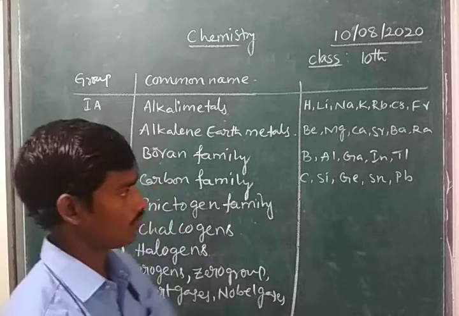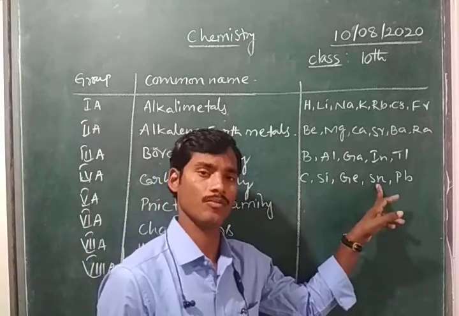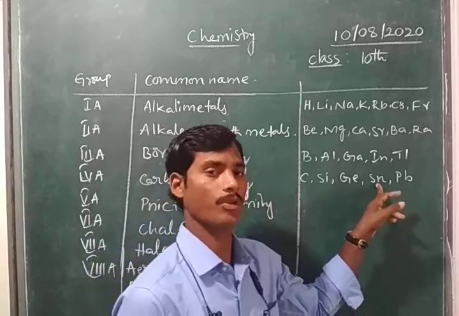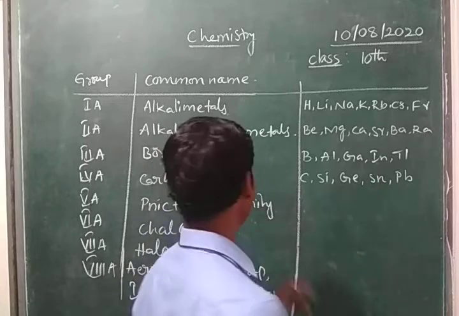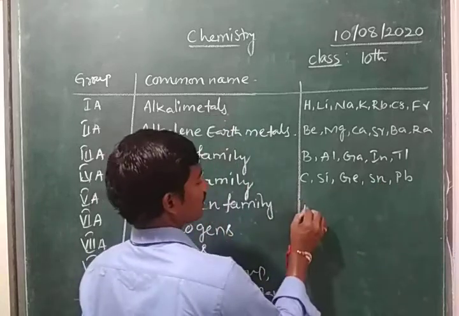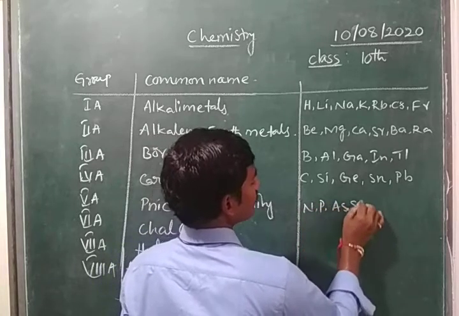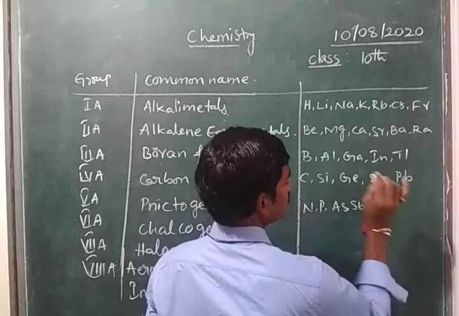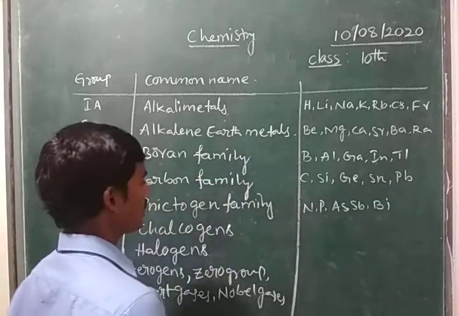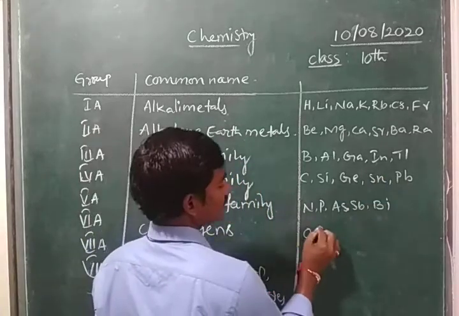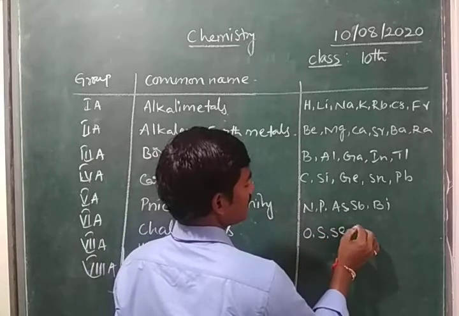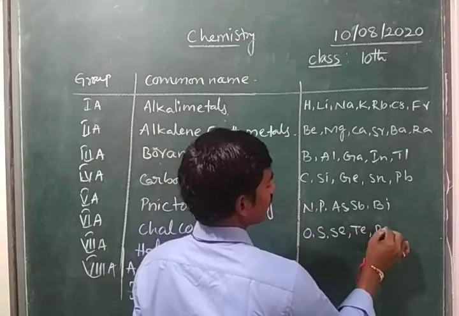Sn means stannum, that is the Latin name, so the common name we consider is tin. And here nitrogen family: nitrogen, phosphorus, arsenic, antimony and bismuth. Chalcogens: oxygen, sulfur, selenium, tellurium, polonium.